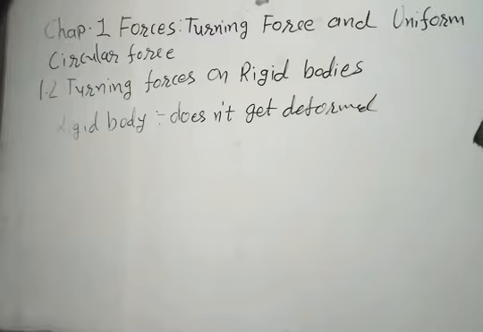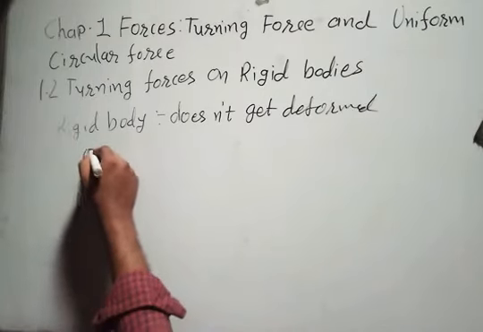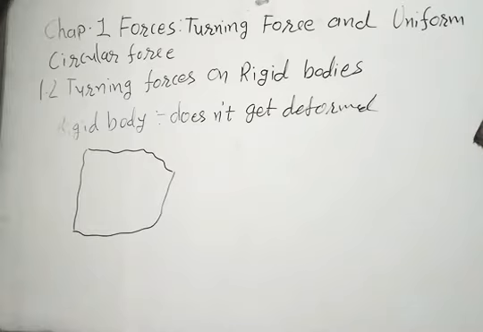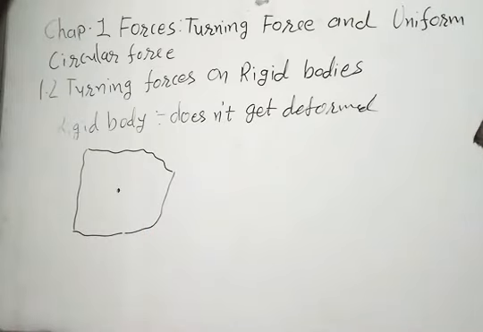To learn these turning forces we have to study some definitions. Clear? First of all I have to draw a diagram about the forces. Here is one point, this point is under the action of force.